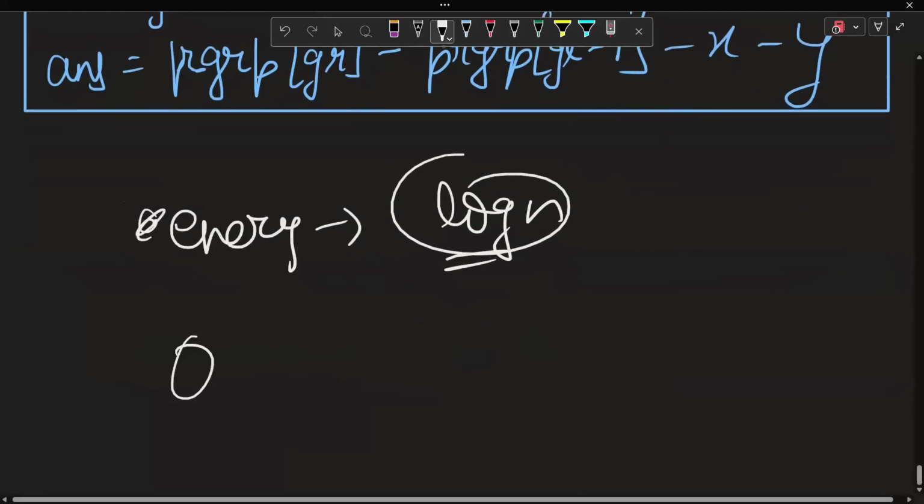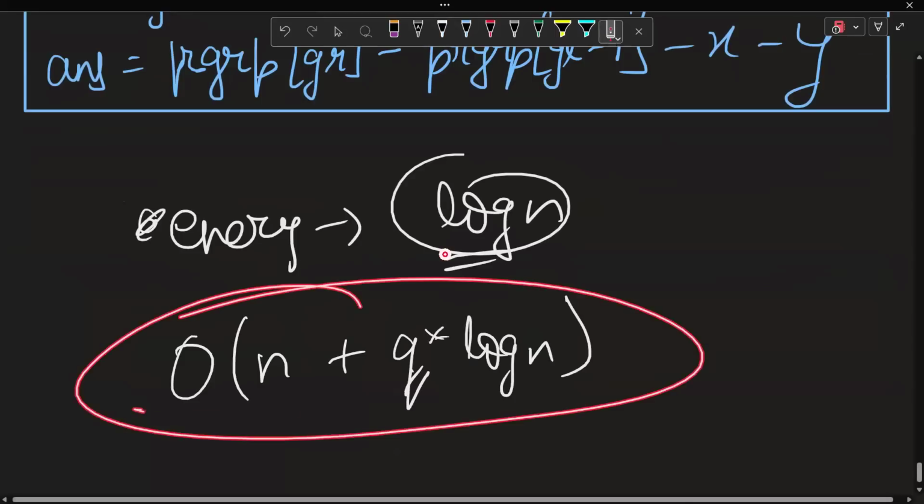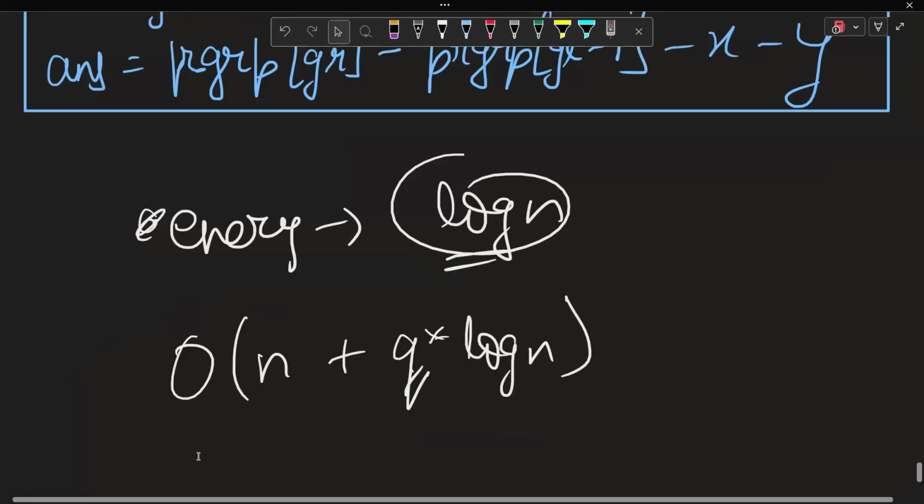So overall, for pre-computation we are doing many times order of n things to pre-compute some of the arrays, and then for every query I'm taking log n time. So in n plus q times log n, we are computing the final answer. I hope this logic is clear to you.